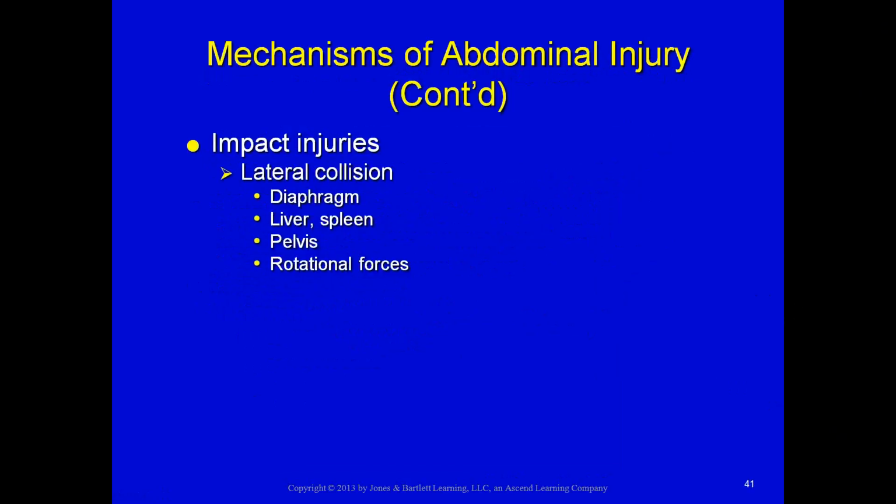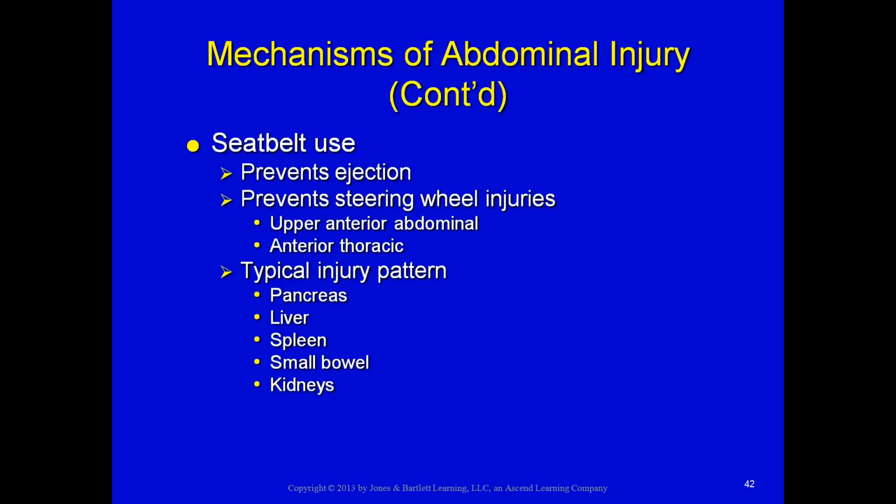Lateral collision, you can have diaphragmatic herniation, you can involve the liver, the spleen, you can have pelvic fractures and rotational forces. As you're spinning around in the vehicle, all is well until the vehicle impacts and the organs are still spinning in a rotational direction as well, and can shear the attachments to those organs right off.